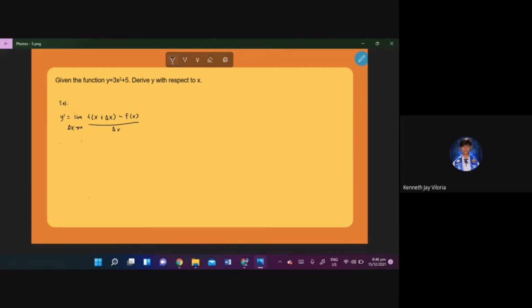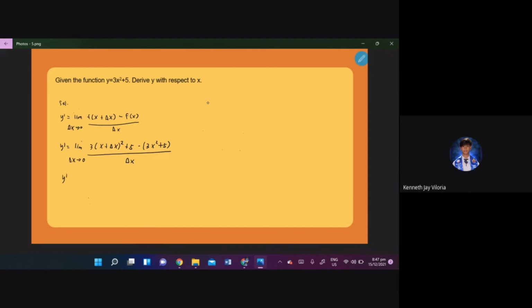So y prime is equal to the limit of 3 times x plus change in x squared plus 5, minus 3x squared plus 5, all over change in x, as change in x approaches 0.